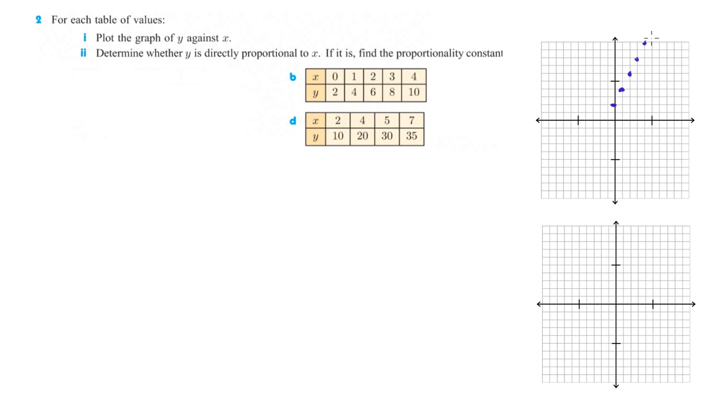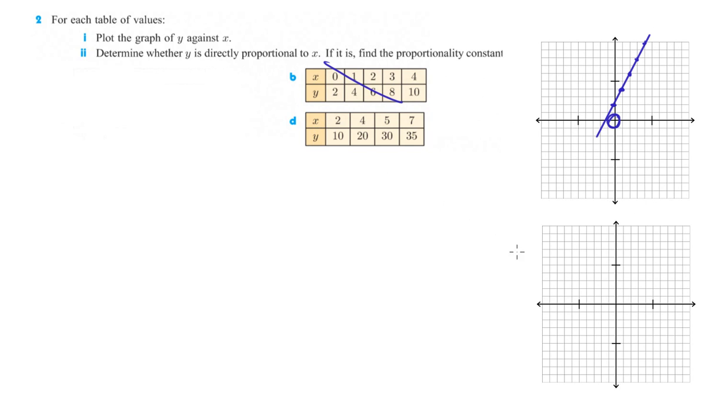Okay, so it looks basically like so. Determine whether y is directly proportional to x. If so, it would have to go through this point here. So this one is not. Okay, so since it's not, we don't have to worry about the proportionality constant.